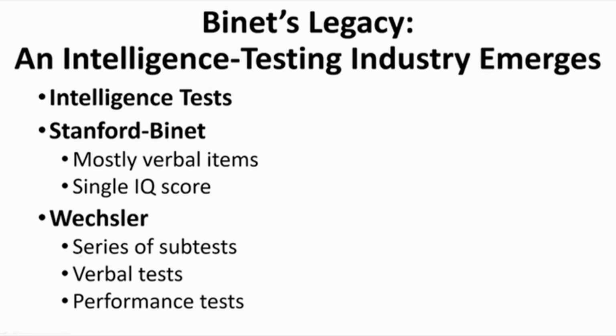So it wasn't just one single test that gave you one number at the end. There were also different things that you could evaluate, sort of sub-breakdowns of intelligence. And they had verbal tests, but there were also performance tests. So they were testing non-verbal skills as well, which made them sometimes a little bit more useful than the Stanford Binet tests, depending on what you were looking for.